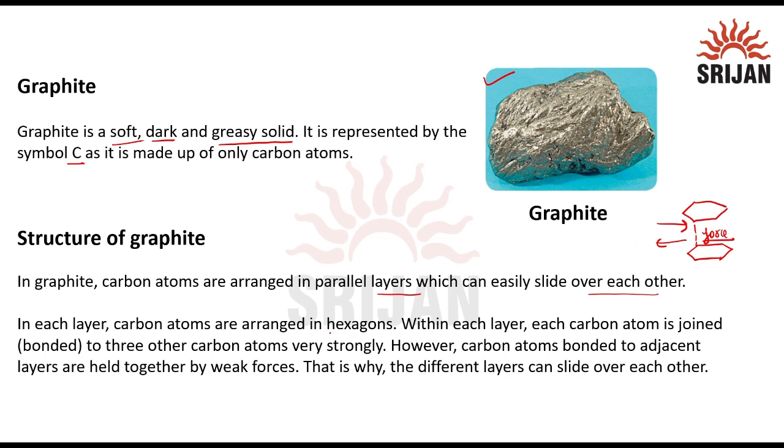You can see here in hexagon rings, these layers are arranged. Within each layer, each carbon is joined with three other carbon atoms very strongly. However, carbon atoms bonded to the adjacent layer are held together by weak forces, as I said here. This is why the different layers can slide over each other.